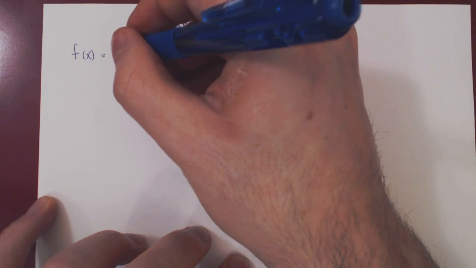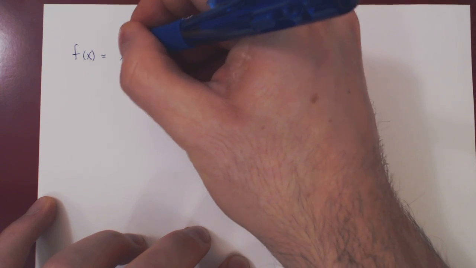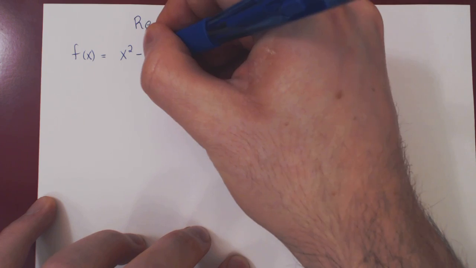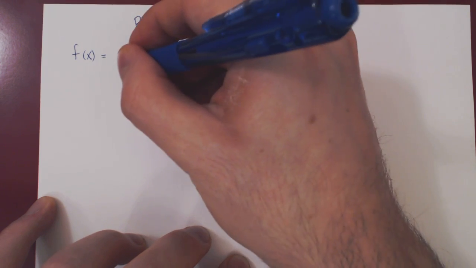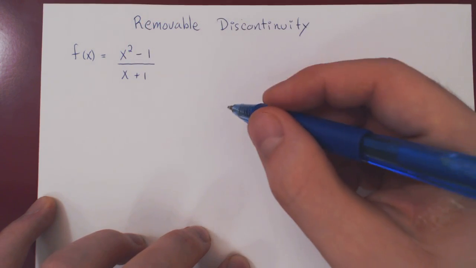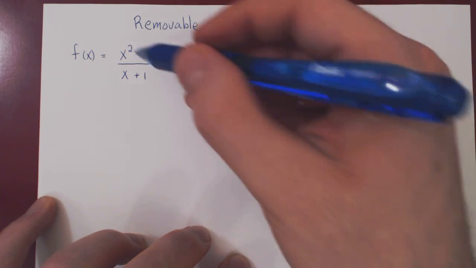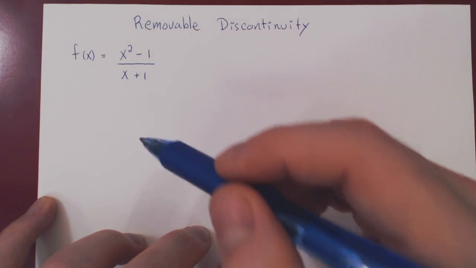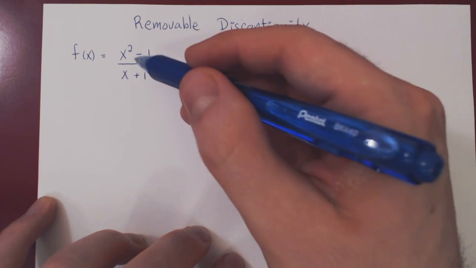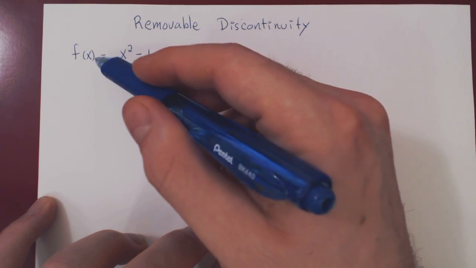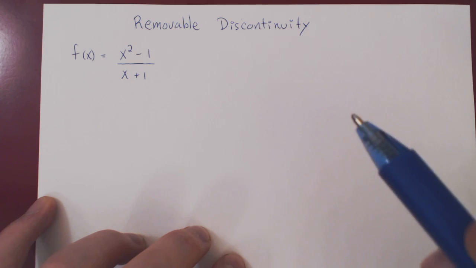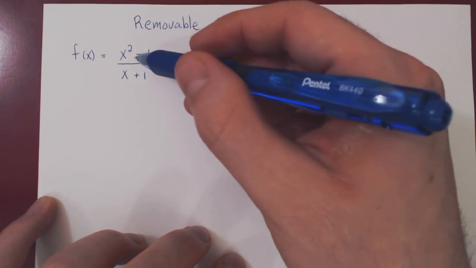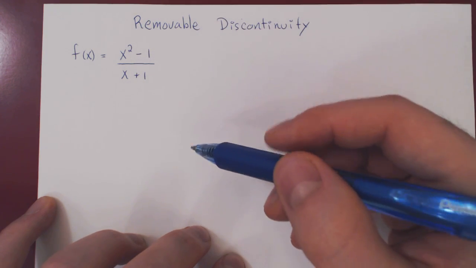Suppose we consider f of x to be the following rational function, x squared minus 1 over x plus 1. As we have said in the previous video, all rational functions are continuous on their domain, and so the only value of x where the function f may be discontinuous is at a point where the function is undefined.